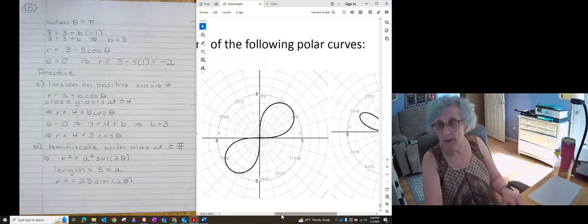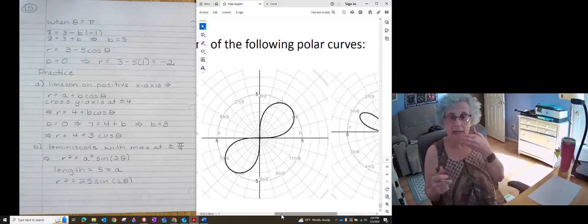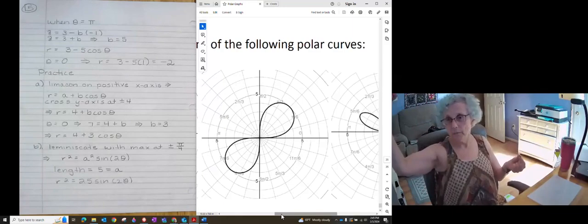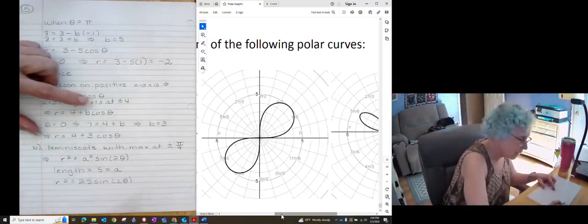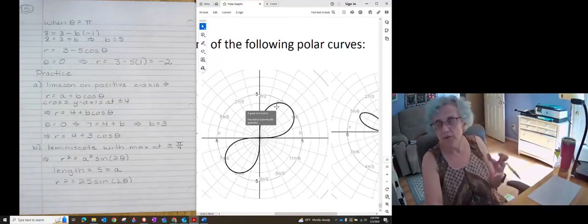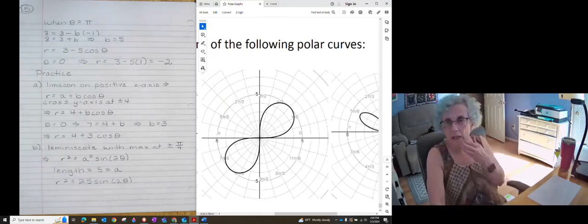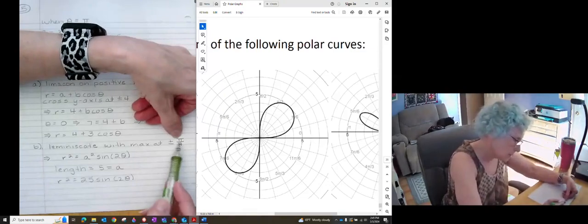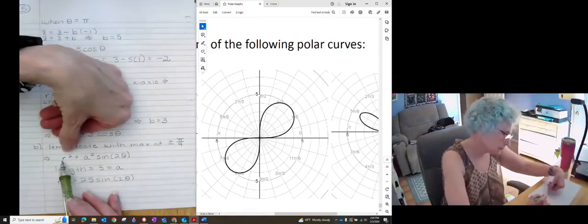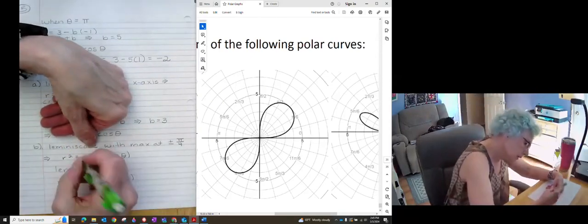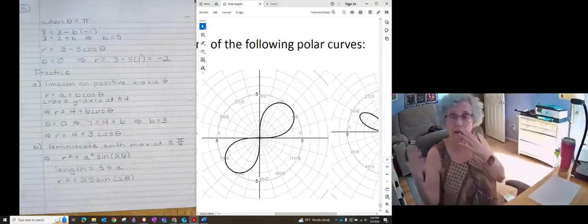Let's look at the next one. We have a lemniscate. I look at where the lemniscate has the ends of its infinity symbol, and that happens at plus or minus pi over 4. Here's pi over 4, and then minus pi over 4 if you were graphing in polar coordinates. So r squared is equal to a squared, and it's positive.